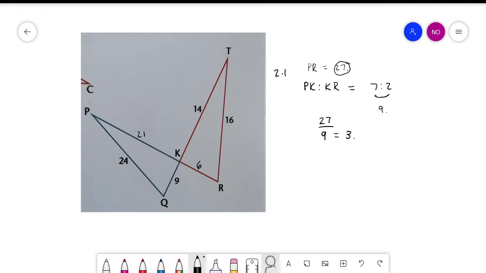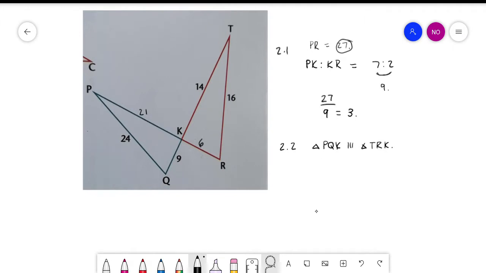Okay, nou vra hulle vir jou bewys dat dat driehoek PQ gelykvormig is aan driehoek PRK. Okay, so remember, it has to be in that order.